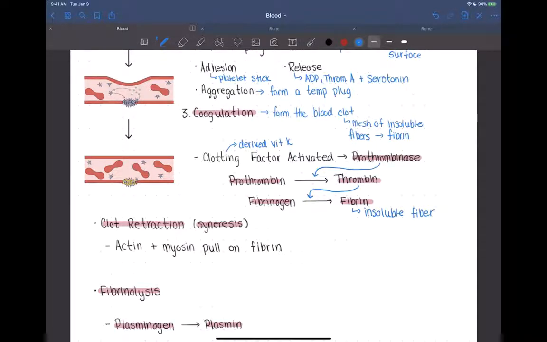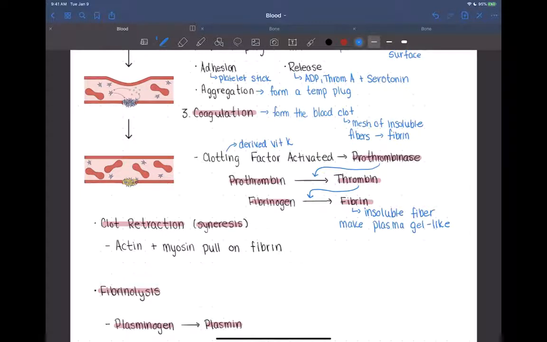What it does is bind with a bunch of other fibrin molecules, and they make the plasma in that area very gel-like. It changes the consistency in that area, which is going to block and form that permanent clot in the blood vessel.